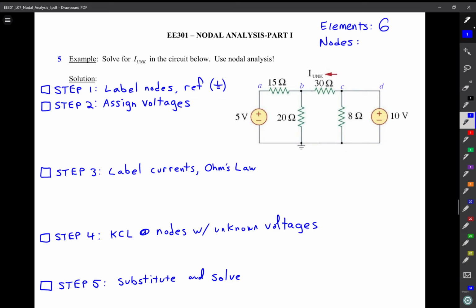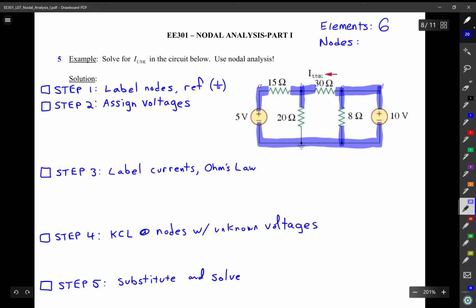I see that I have node A, node B, node C, and notice that D is the same. This is at the same potential. And I have this ground plane right here. So we actually have the same number of nodes, 4 nodes, 1, 2, 3, 4, where C and D are the same potential.